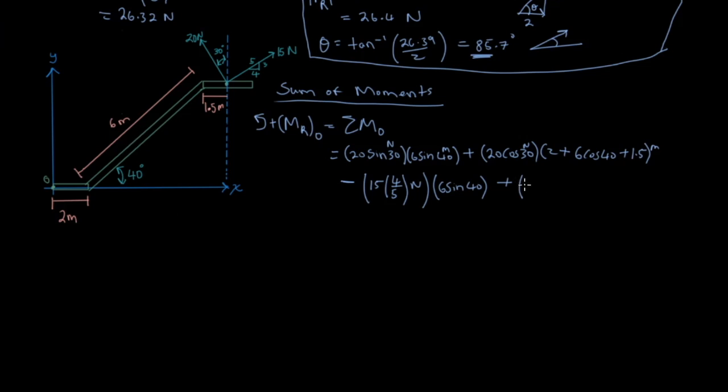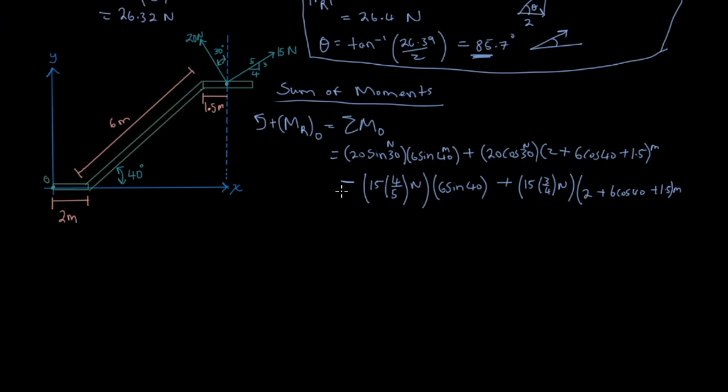So we're going to go 15 times 3 over 4 newtons, that's the vertical component, times this entire distance here, which is the same as this. So 2 plus 6 cos 40 plus 1.5 meters.